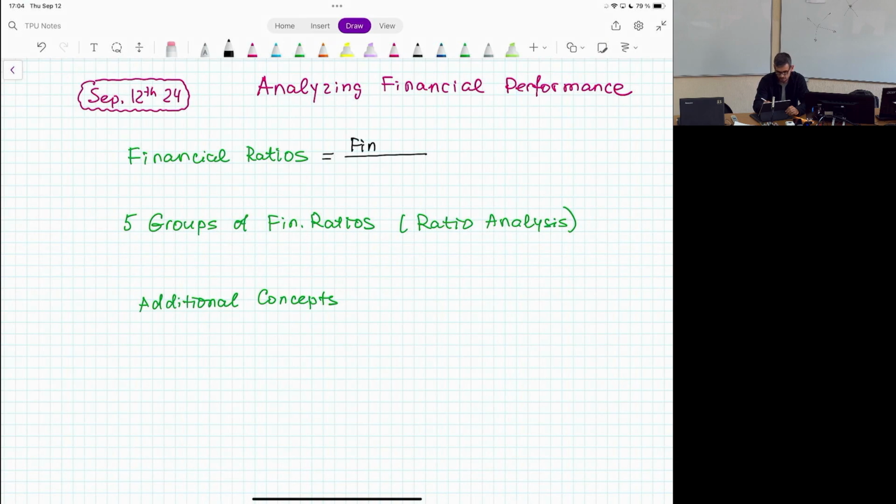If I put here financial indicator 1 and relate it to financial indicator 2, then I get a financial ratio.